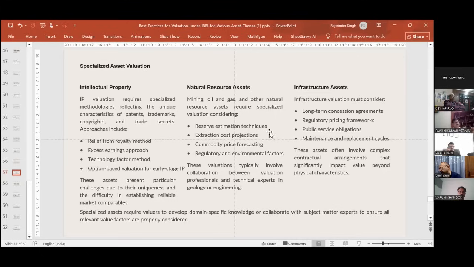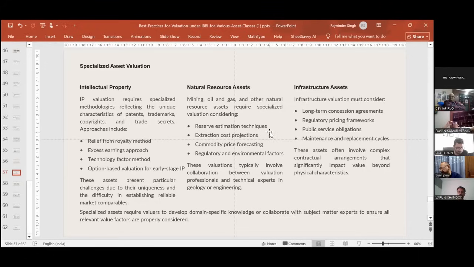Now these seem to be part of plant and machinery or SFA classes, but the values need specialized knowledge of the subject for doing valuation of such things. So these valuations typically involve collaboration between valuation professionals and technical experts in geology or engineering.